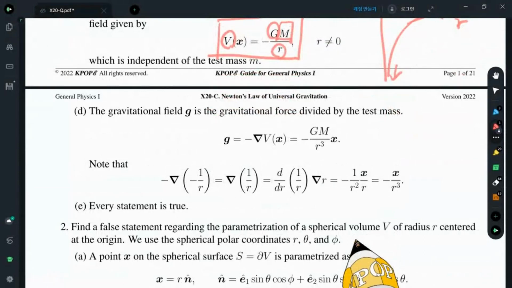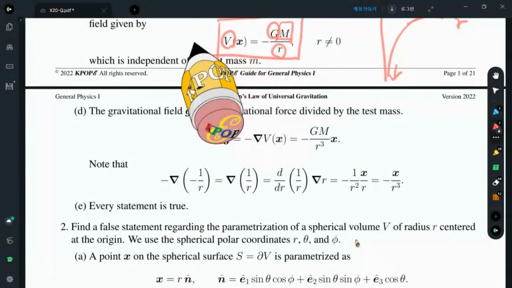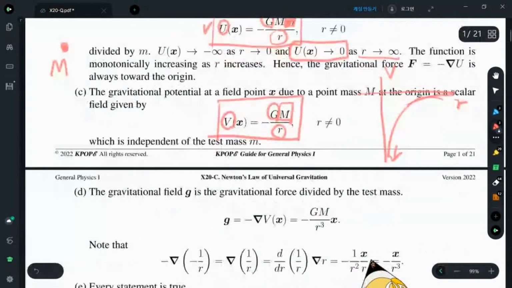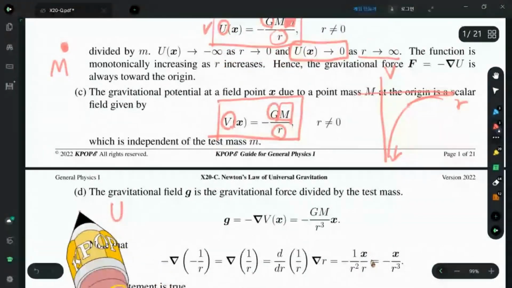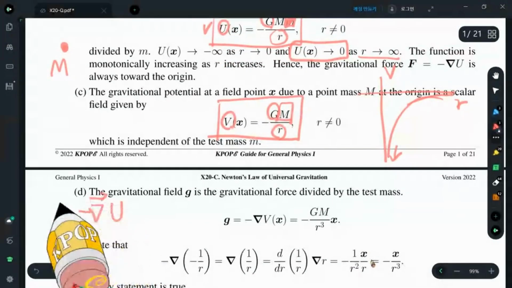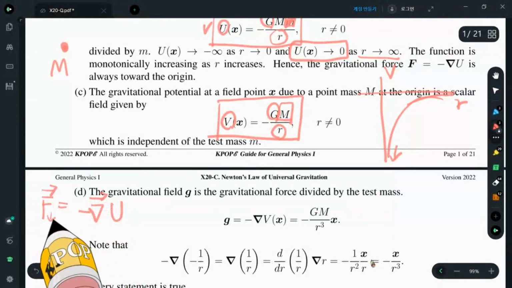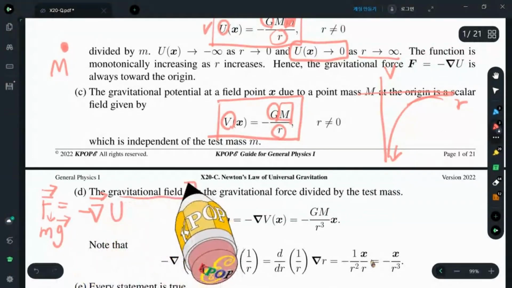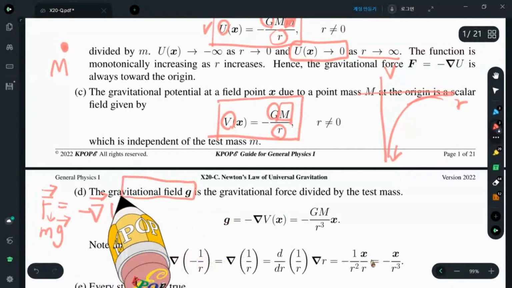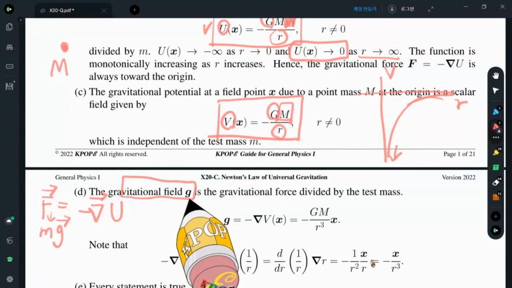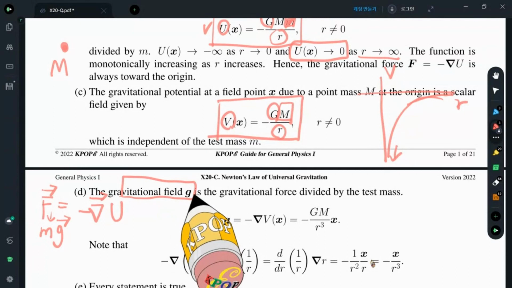Now, you remember, from the potential energy we take the minus gradient to find the force. And this force can be expressed in terms of gravitational field or gravitational acceleration. Usually g is constant on the surface of the Earth, but in general it is not a constant.